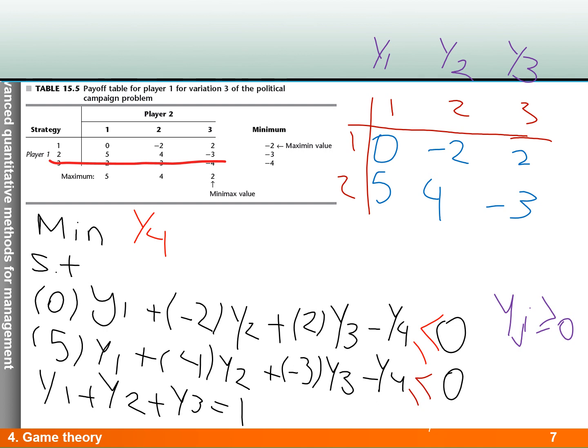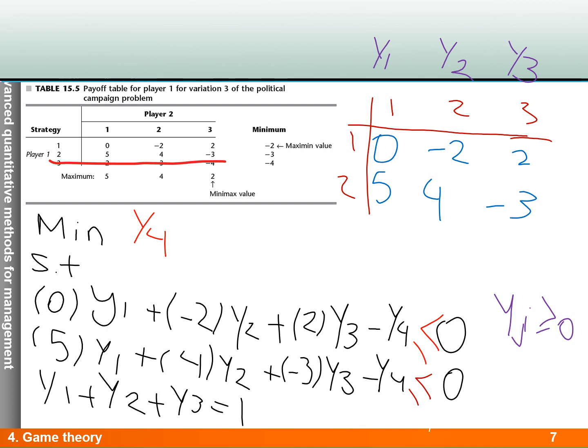So this example and the previous one, as you see, they are dual of each other. Okay, so for sure both of them give us the same result because the game only has one value. Okay, so a good news.